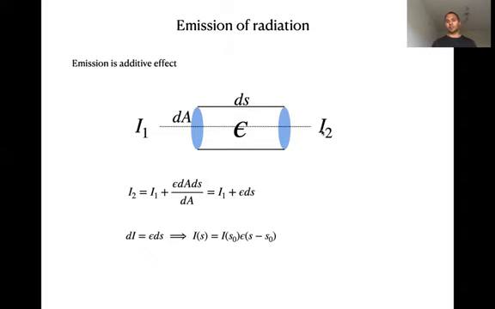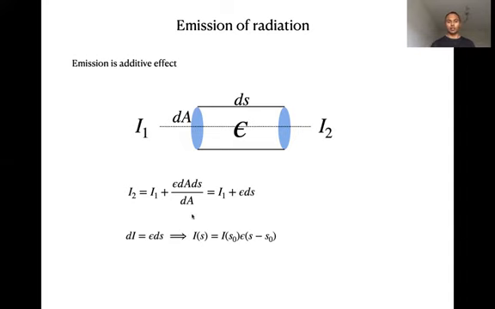And we are working with specific intensities. So we want to know along this ray, what is the amount of energy that is added per unit area, right? Specific intensity is energy per unit area, per unit time, per unit frequency, and per unit solid angle. So we divide by dA.